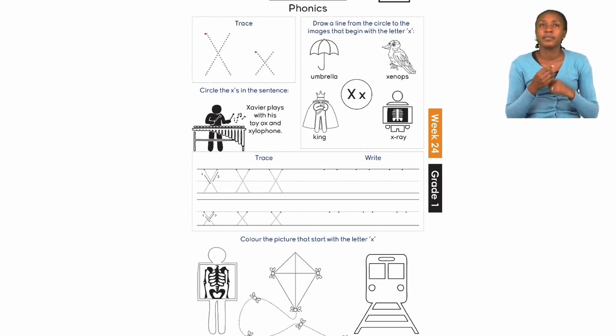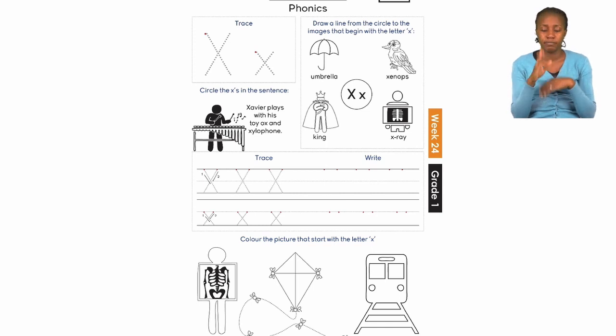After you have traced your X's, you need to write it on the next side of the line. You will see little red dots given to you to indicate where you have to start writing your X's. Let's look at the last part.